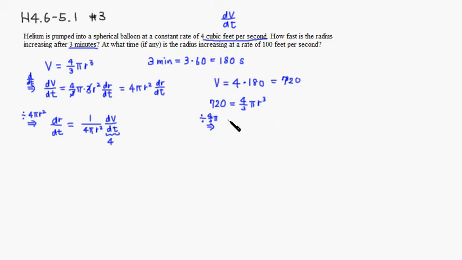We get 720 divided by 4 pi and times 3 is equal to r cubed.